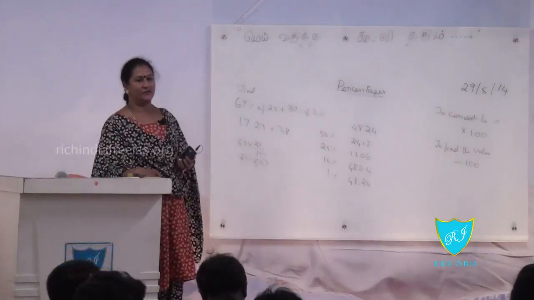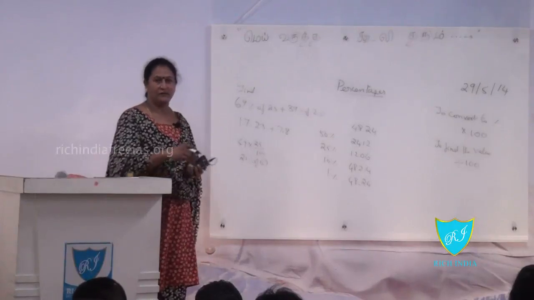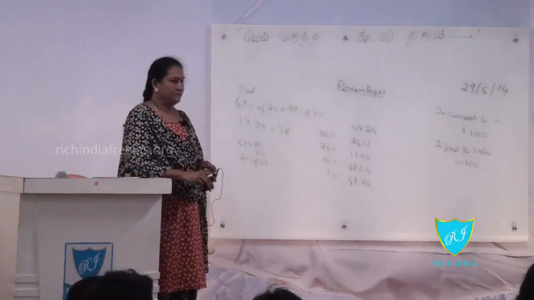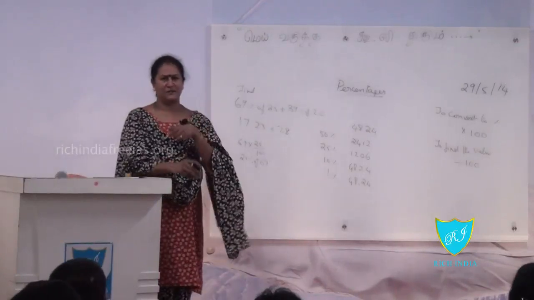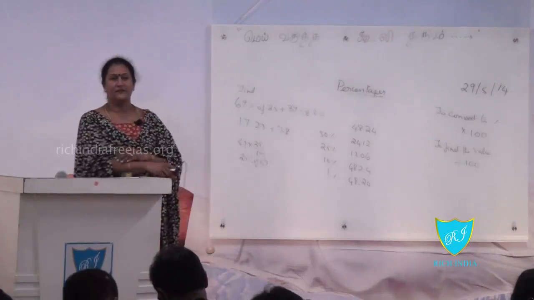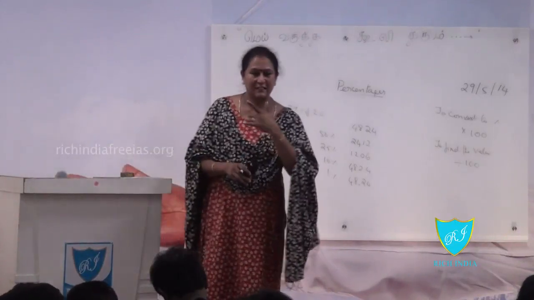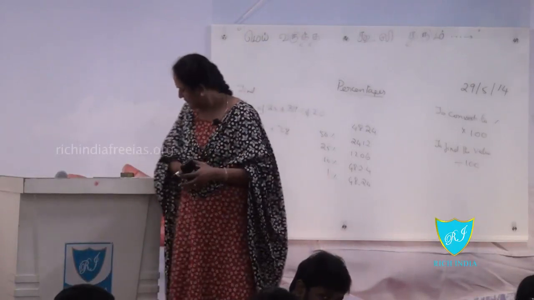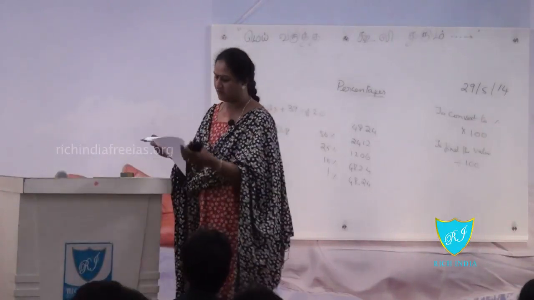Now you add, you get the values. 25.05. So you understood? So you have the question papers with you, try the first question. Where are the question papers? I have one here.